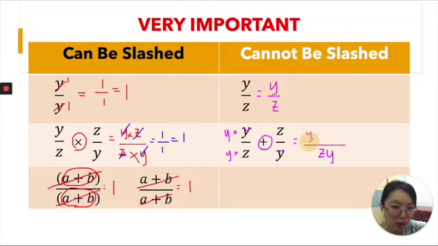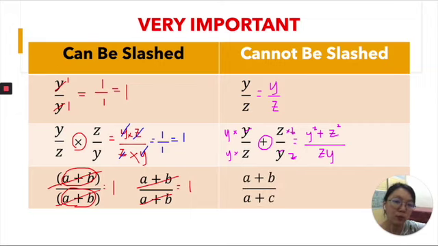On top, you will get y squared. Put back the plus. At the bottom, times z. On top, also times z, and you will get z squared. This is what you learn in primary school, but currently now, we are using alphabet to replace numbers.